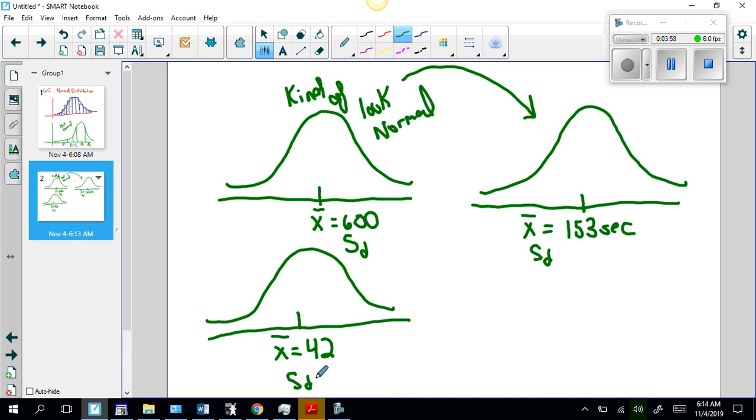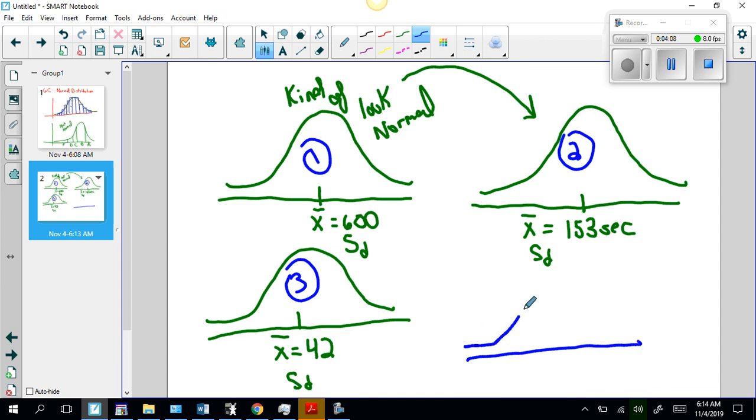Now what we're going to do, instead of having one problem, two problem, three problem, is work these all into a standard normal distribution.